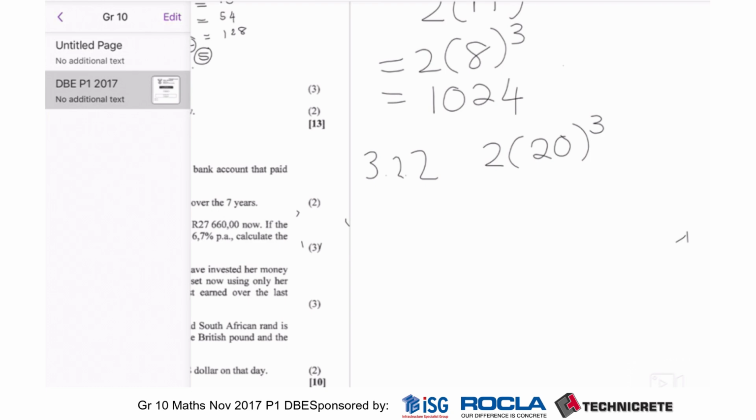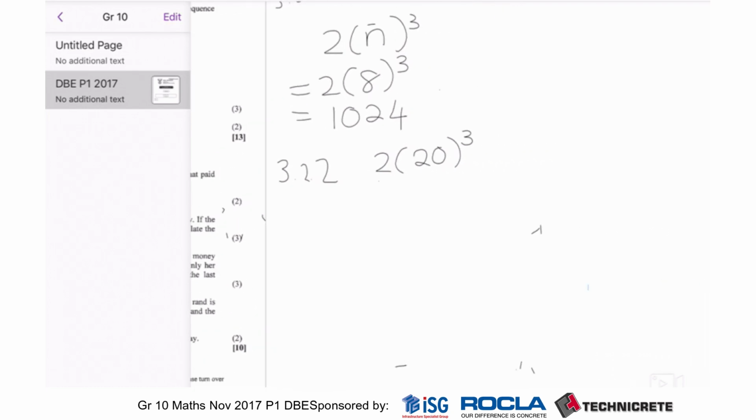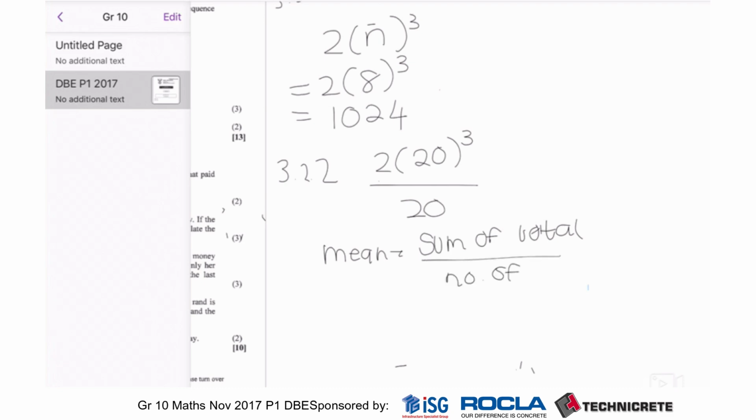Mean is average. So that is the sum, and the average is the total divided by the number of terms in that row. So that is going to be my mean. So I'm just going to quickly revise what I just said. So mean is equal to the sum of the total divided by the number of terms.